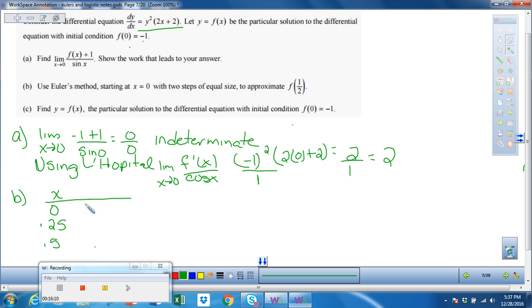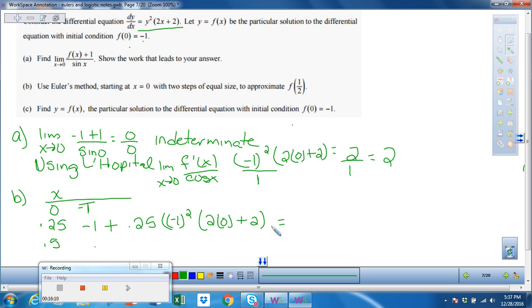My initial condition, when x is 0, y is negative 1. So remember, we take our previous y value times our step size, and we're evaluating the derivative using our previous x and our previous y, which gives us negative 1 squared times 2 times 0 plus 2, because our previous x is 0.